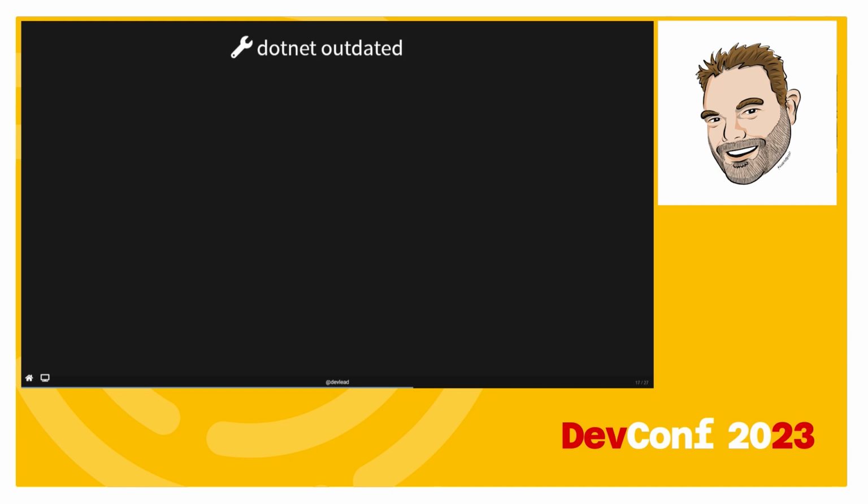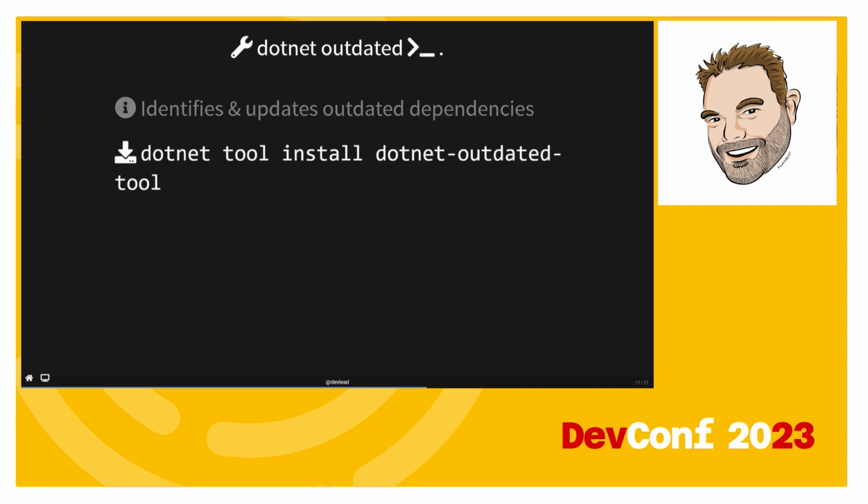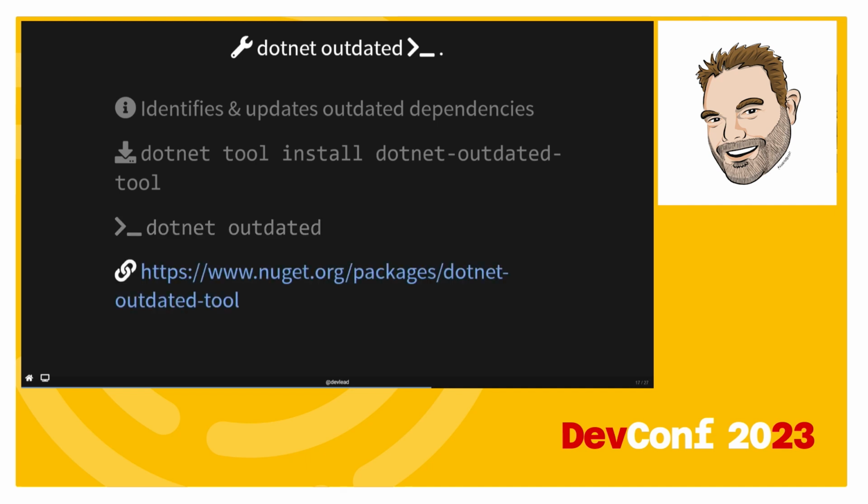We had .NET Outdated, which also just does the same thing. It's .NET Tool install .NET Outdated -tool, and you can launch it then as .NET Outdated. And for both, if you're on a machine with all .NET tools, you can use -g to install it so it's always available globally on your computer, or you can install it in your project if you have a tool manifest.